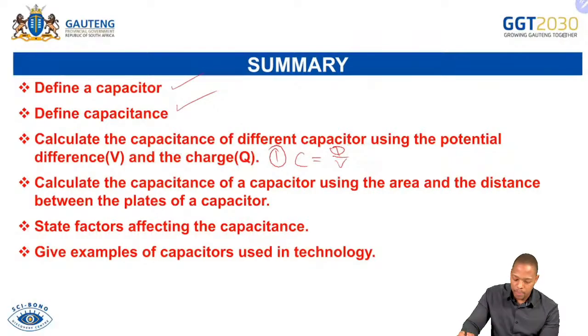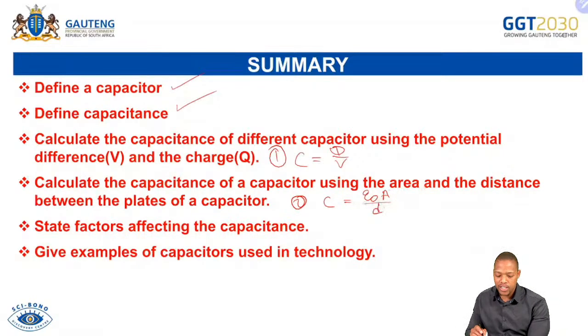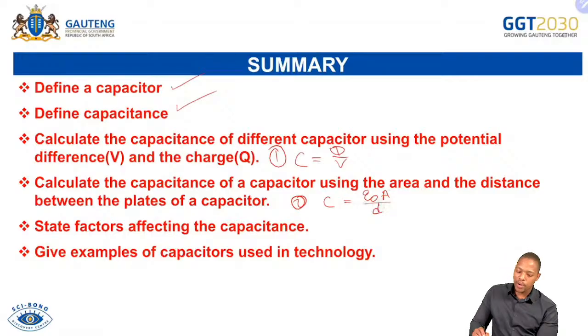Calculate the capacitance of the capacitor using the area and the distance between the plates. That's when we're using formula 2. C = ε₀A/d, where ε₀ is the absolute permittivity, A the area of the plate, over d, the distance between the plates, which are also factors affecting the capacitance of the capacitor.